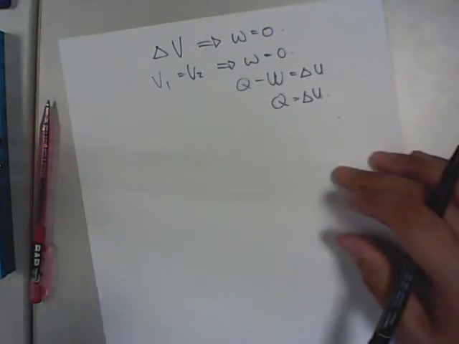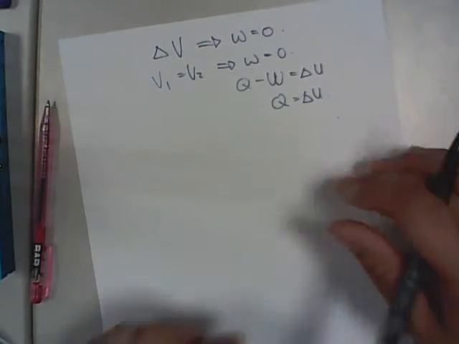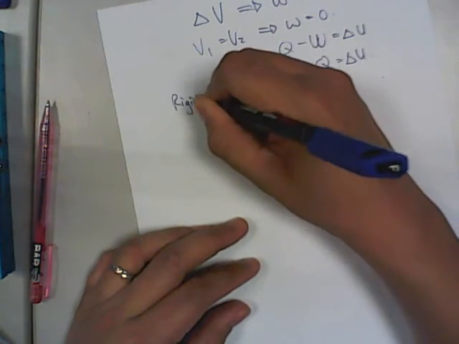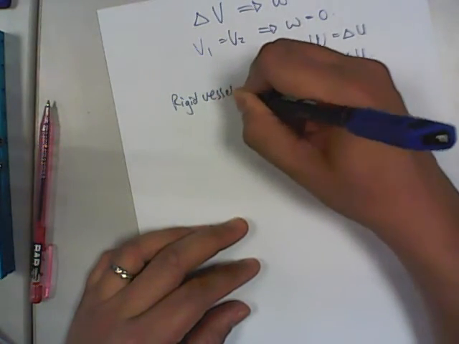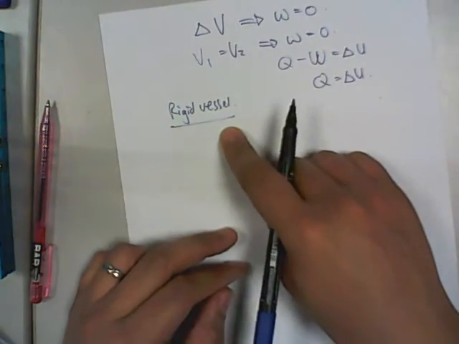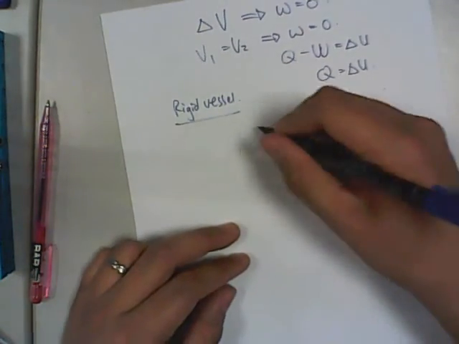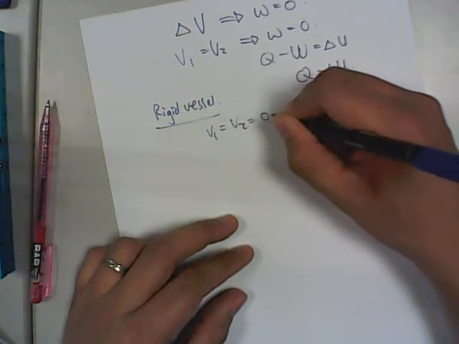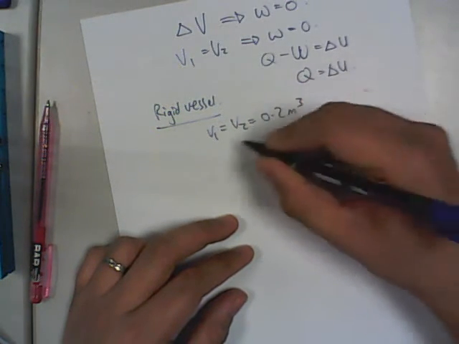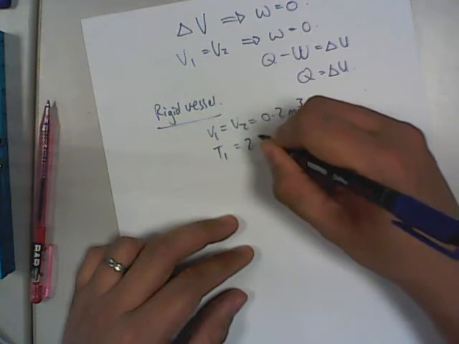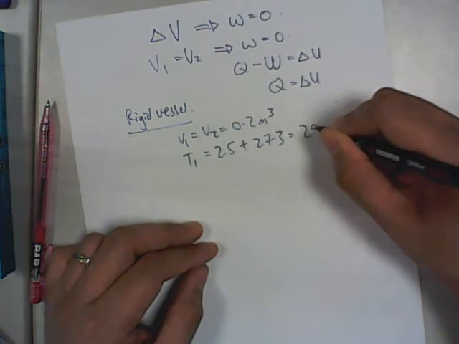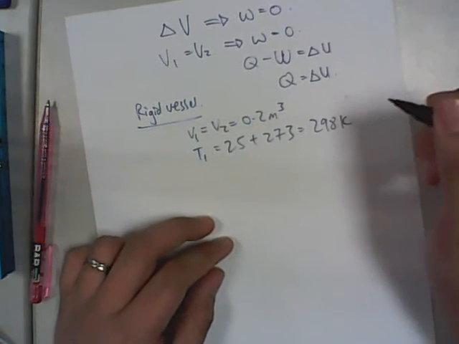And let's look at example 4-5. So the keyword, if you see the question has the words rigid vessel, it means that it is a constant volume process. So V1 equals V2 equals 0.2 meter cube. T1 equals 25 plus 273, 298 Kelvin.